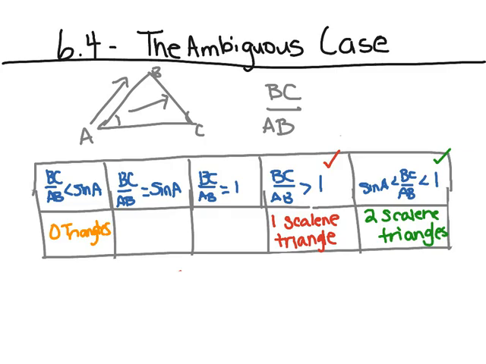If we find that our BC over our AB is equal to sine of A, if we look at a right triangle, our opposite side is our hypotenuse, or from any angle, we have an O and an H. So if you were looking at your angle here, this angle is going to be our opposite divided by our hypotenuse, which is the same as your sine of your angle.